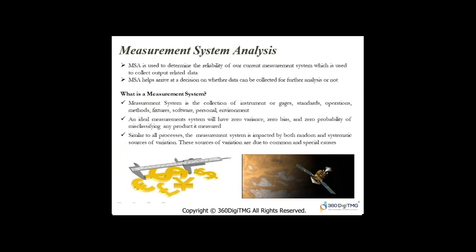And if you're wondering that these kind of space projects have robust measurement systems, then let me tell you this example. NASA lost $125 million on a Mars orbiter because an engineering team used English units of measurement while another agency's team used the more conventional metric.